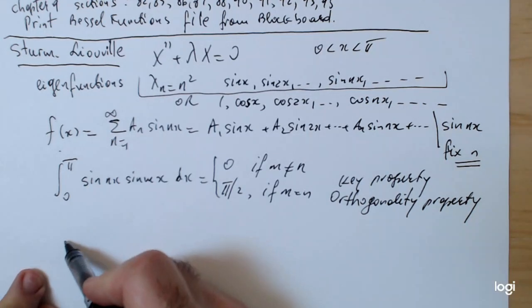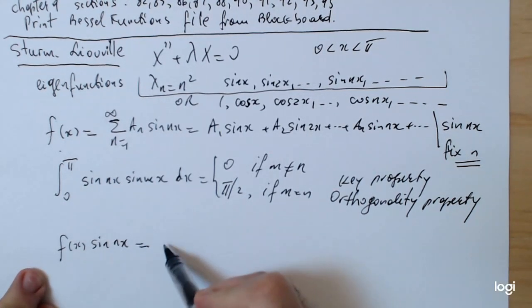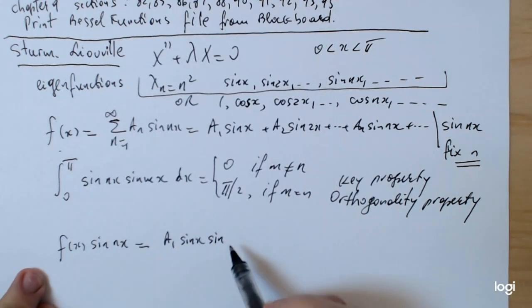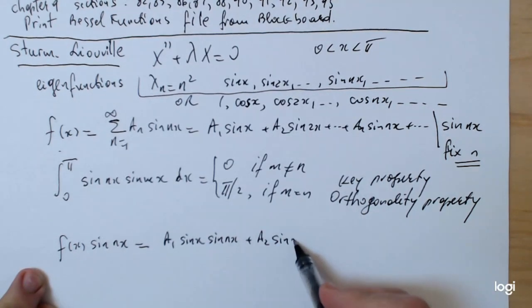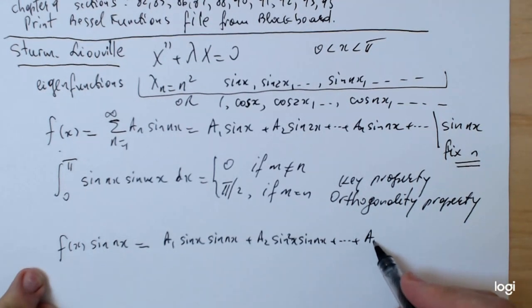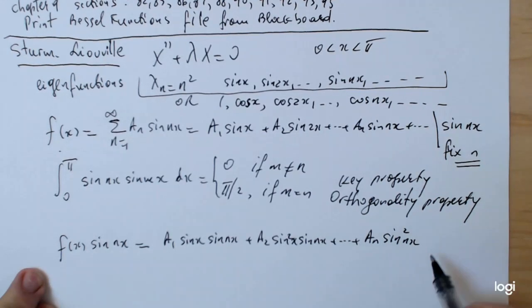So you have f of x sine of nx on the left, and on the right you have a bunch of products of distinct functions in this family, sine of 2x, sine of nx, all distinct except the one corresponding to n. Sine of nx times sine of nx is sine squared of nx, and then the rest of them again are distinct.